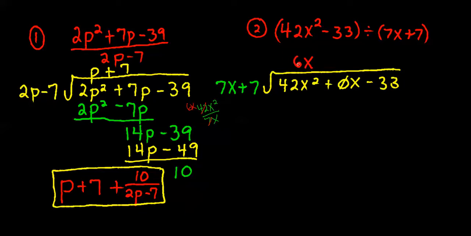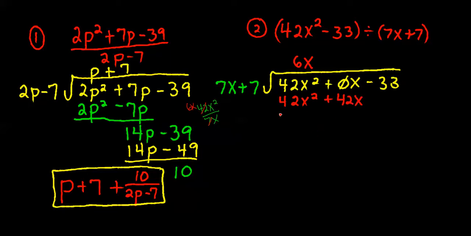So 6x times both of these terms, I'm going to write them down here. 6x times 7x is 42x squared. And as I said, the first one, they should match perfectly. 6x times 7 is 42x.